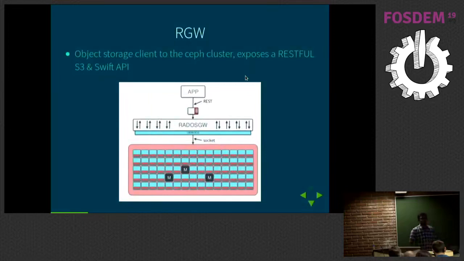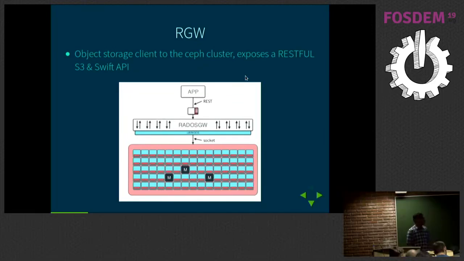I assume everybody here already knows what Ceph is because this is the storage dev room and it's pretty much the end of the day, so I would assume people have attended enough talks about Ceph. And I guess everyone knows what RGW already is. It is an object storage client to a Ceph cluster, and it exposes a RESTful Swift and S3 API.